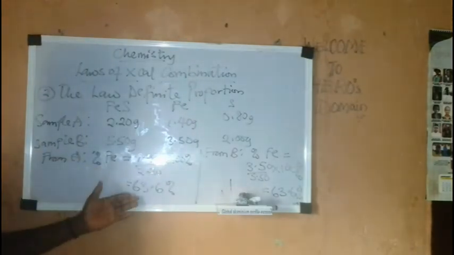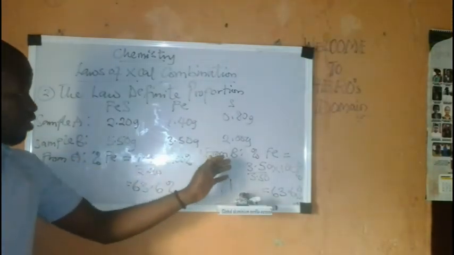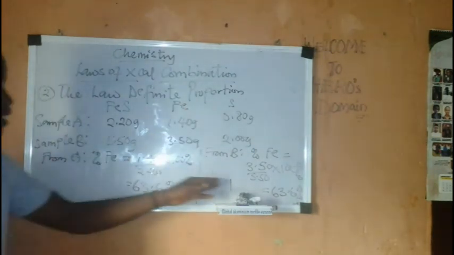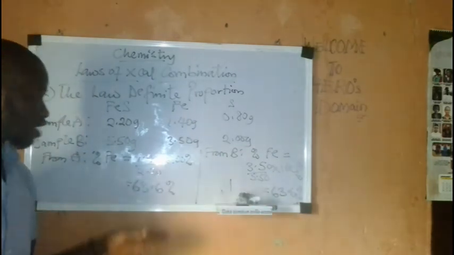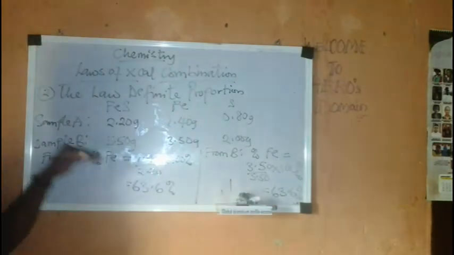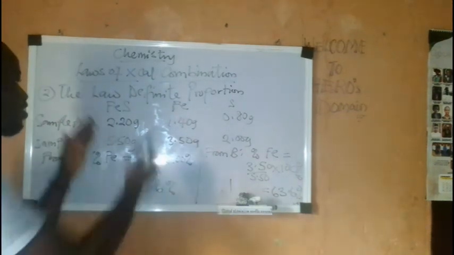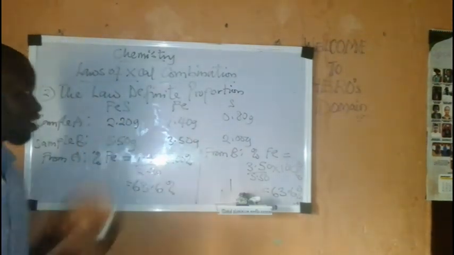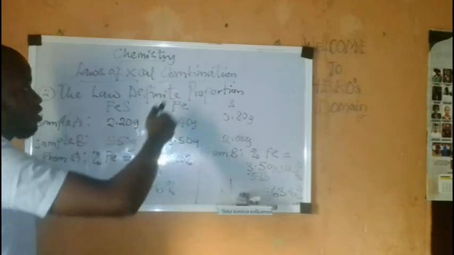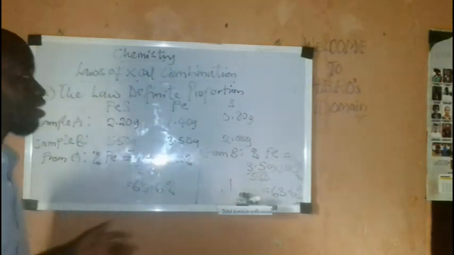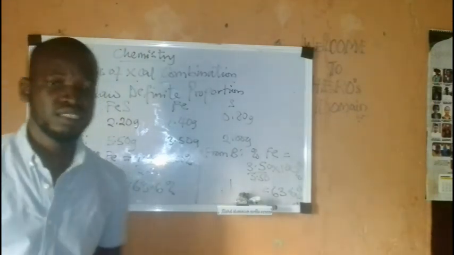So the percentage of iron in sample B, you will still get 63.6% as we got in sample A. That is to say that this chemical compound obeys the law of definite proportion.